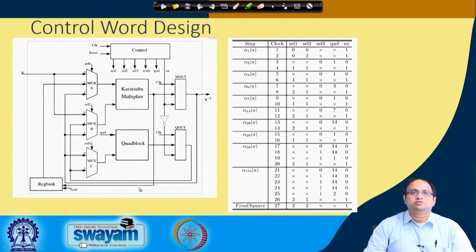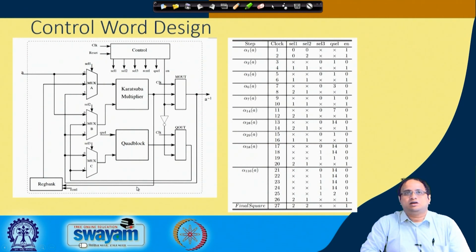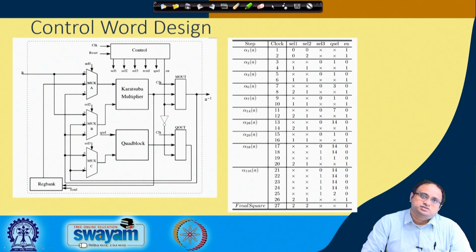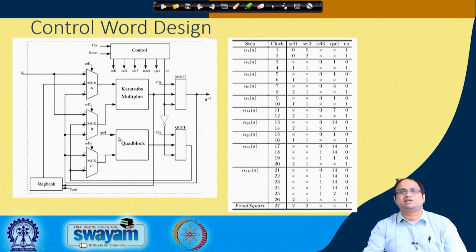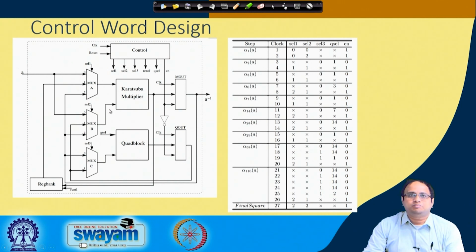Now I would like to design the control word. What I start doing is calculating the multiplications and the inversions one by one.